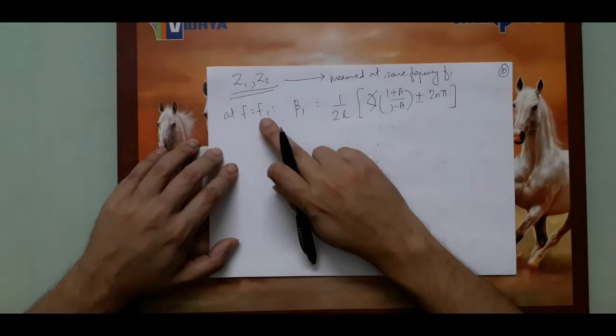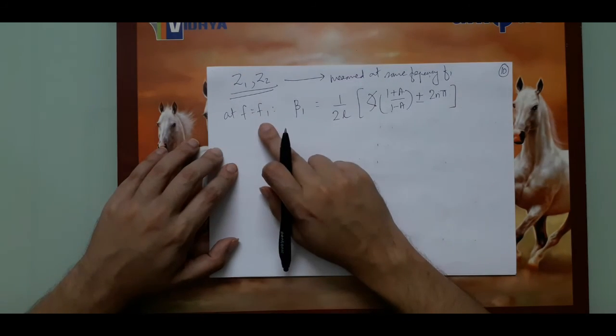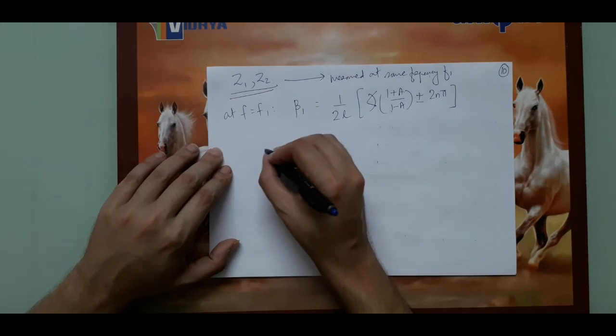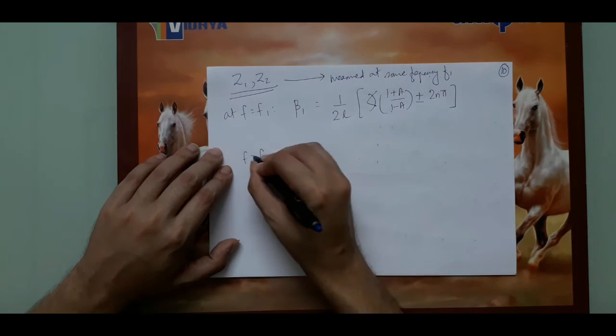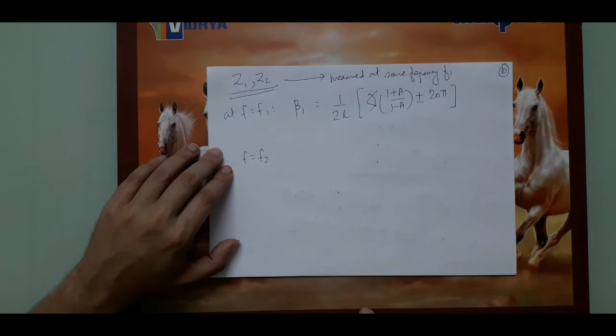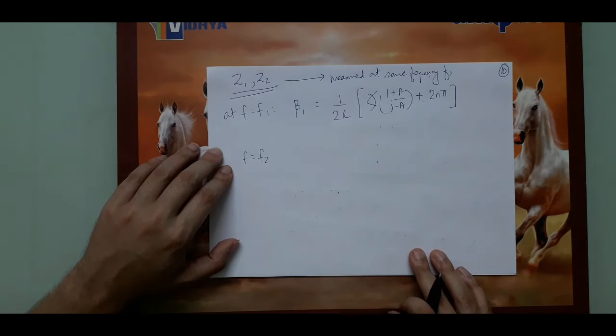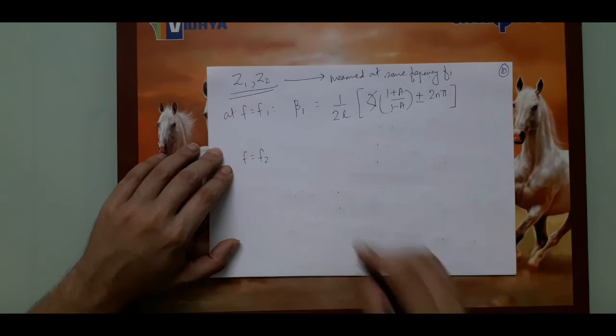Now I will slowly increase the frequency and come to f equals f2, where the impedance repeats. The same values of Z1 and Z2 I will get.